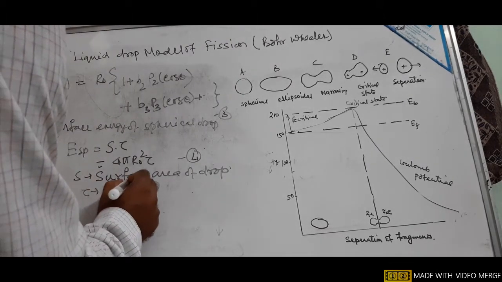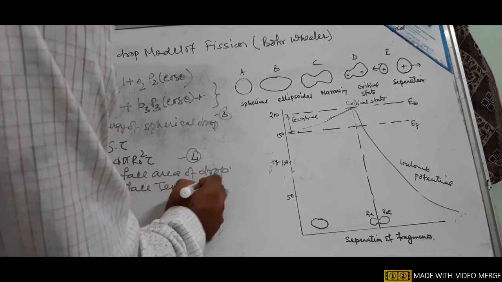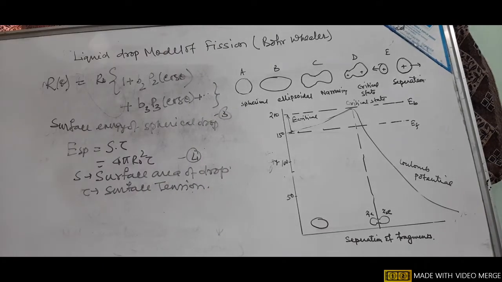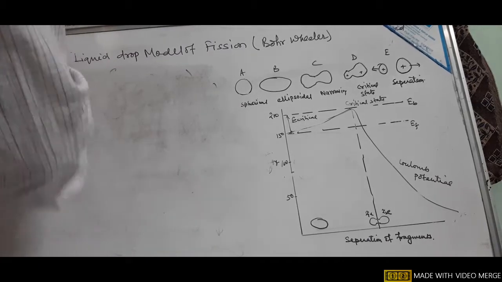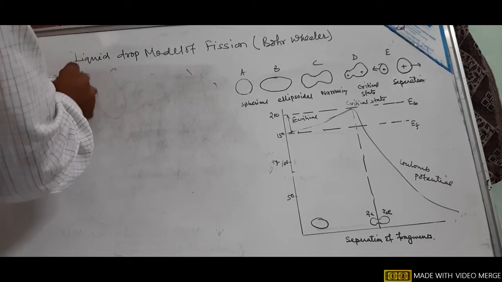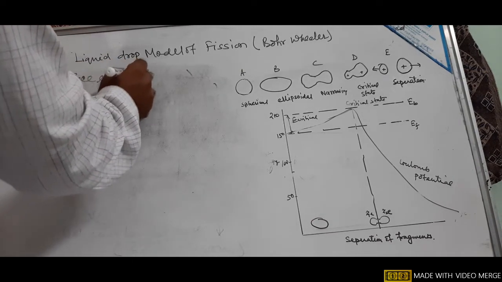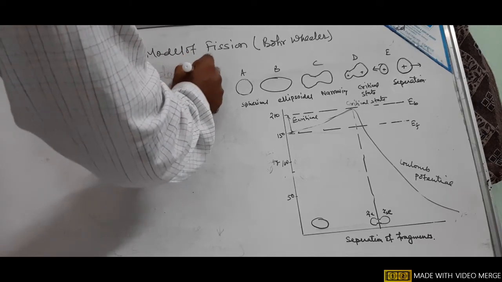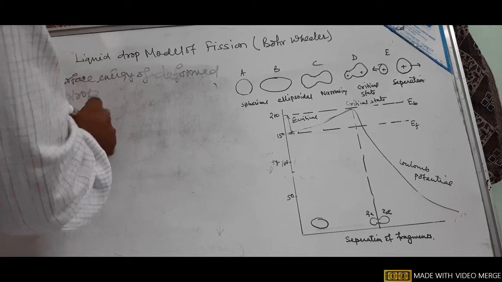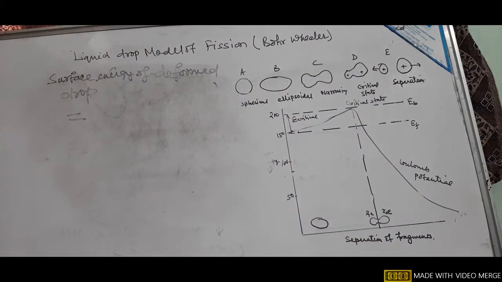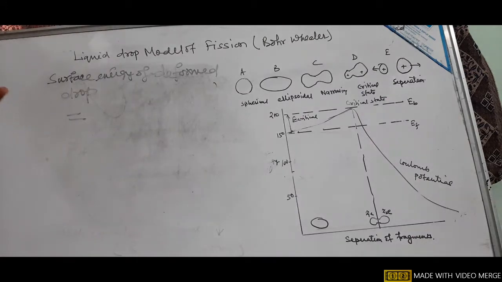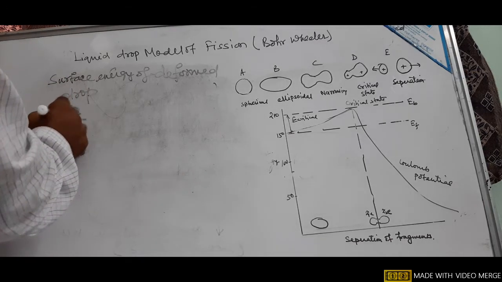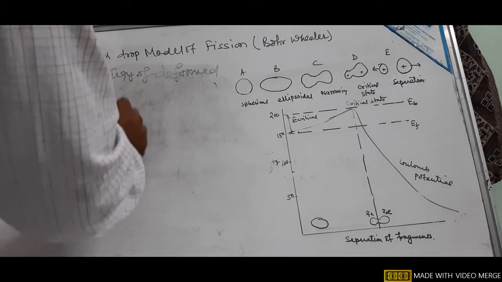Now the surface energy of the deformed drop, ES, is equal to tau times the integral of dS. This is equation 5.